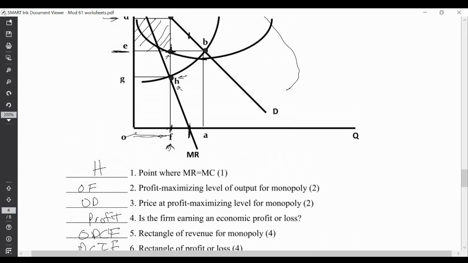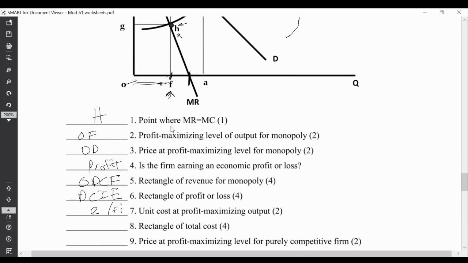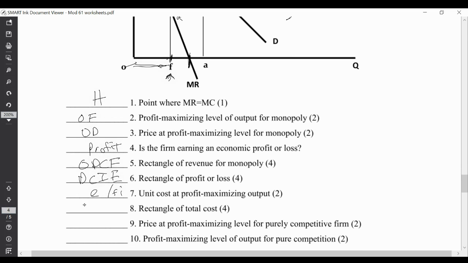The rectangle of the total cost would be OEIF, okay, or OFIE, all right.